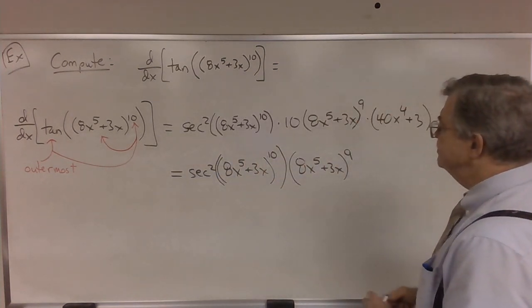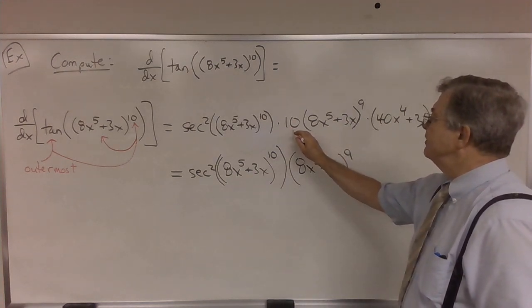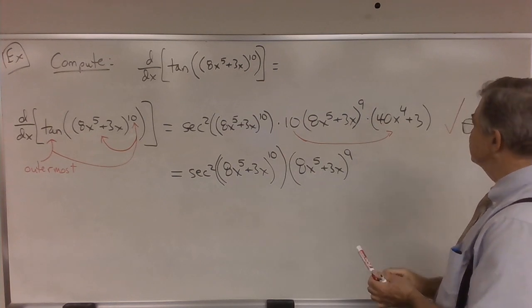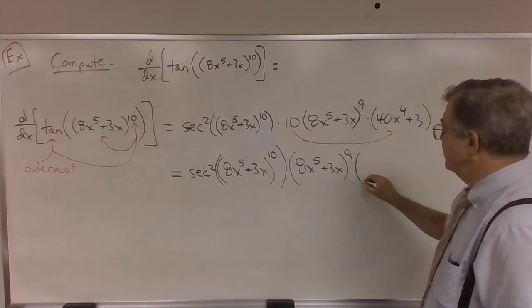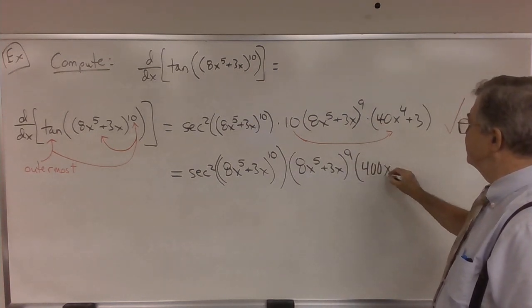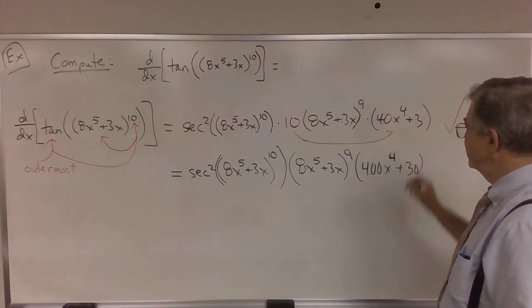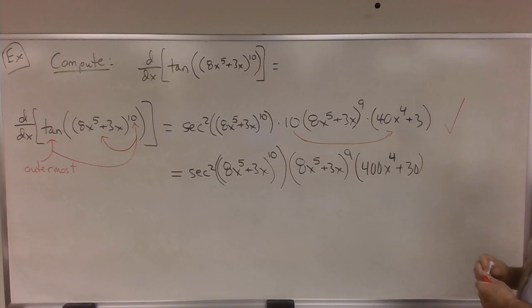Okay, and now I take this 10 and distribute it to that factor. 400x to the 4th plus 30. Okay. And on a test, if we wanted to leave it like this, that's fine.